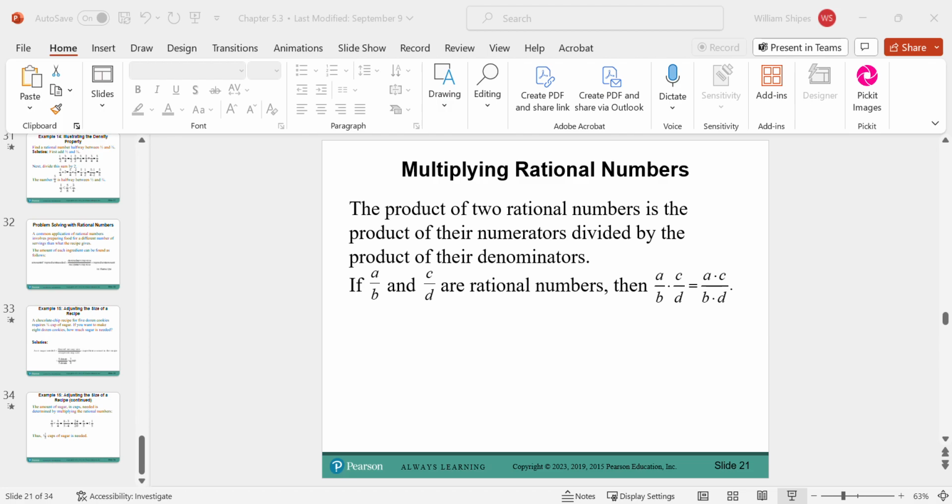Let's illustrate this density property. We want to find a rational number halfway between 1/2 and 3/4. First, what we will do is add 1/2 and 3/4. In order to do this, we need a common denominator. The common denominator here will be a 4.